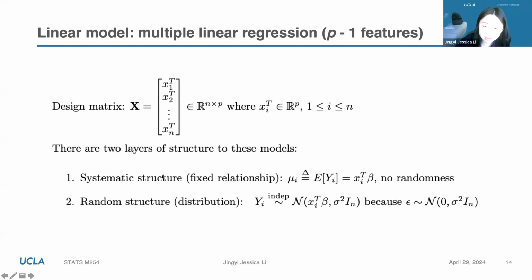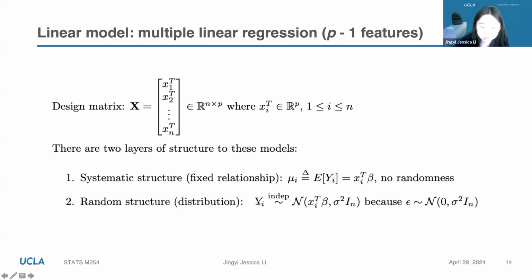There's a systematic structure that specifies the relationship between the mean of yi, which we call mu i, and Xi transpose beta. The linear function is here: Xi transpose beta is linear in the predictor, and it's about the mean of yi. There's no randomness. It's a fixed structure. The random structure is in the second layer, which specifies the randomness in my response yi.